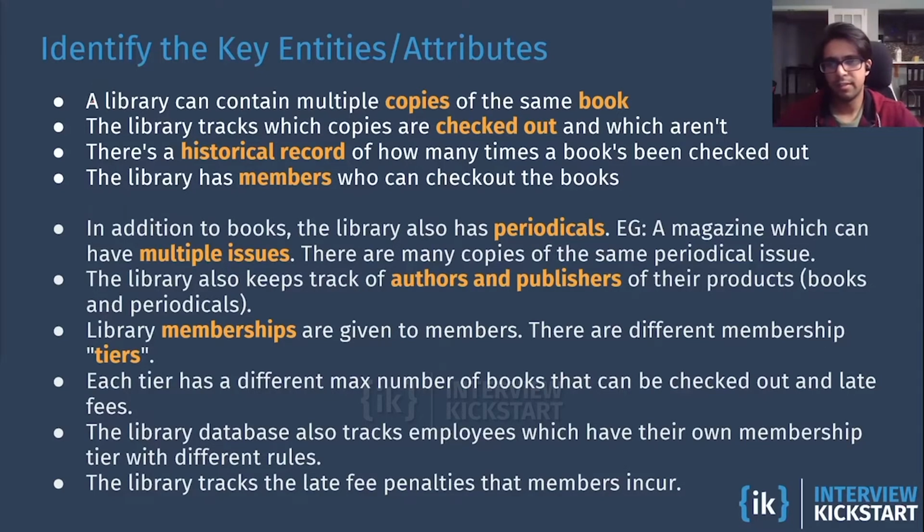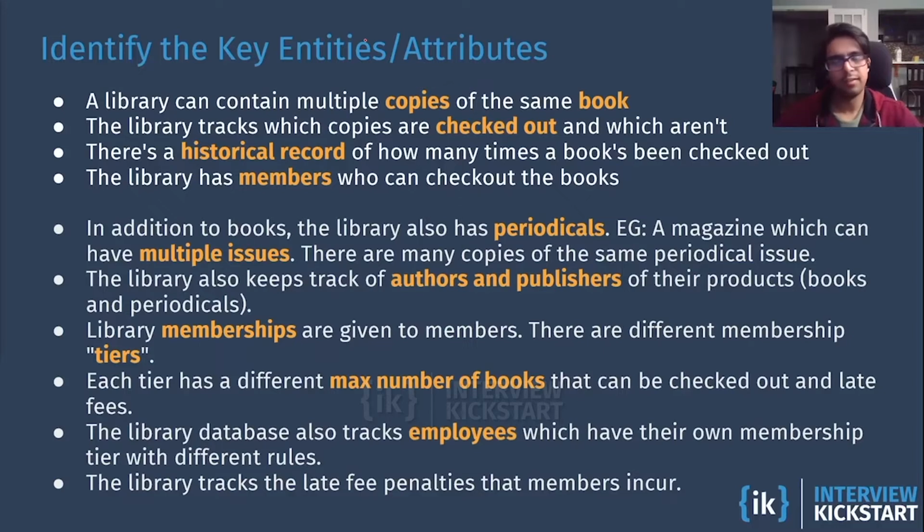Memberships are given to members, and there are different membership tiers. Again, this is probably a dimension thing that joins to some membership, or rather member or user entity, depending on how I actually want to implement it. And that's this membership tier entity, where I'm going to get those rules that we mentioned before, like max number of books, late fees, and so on.